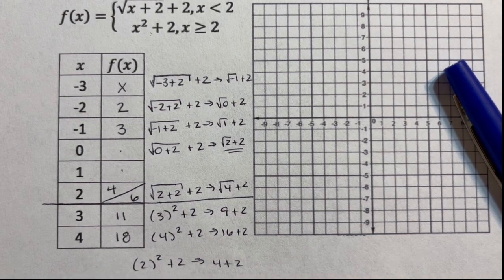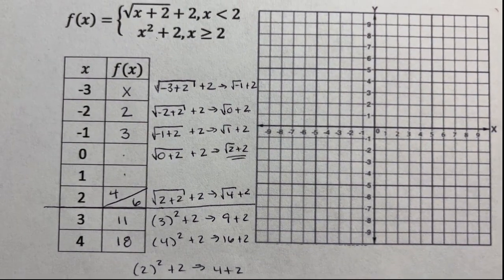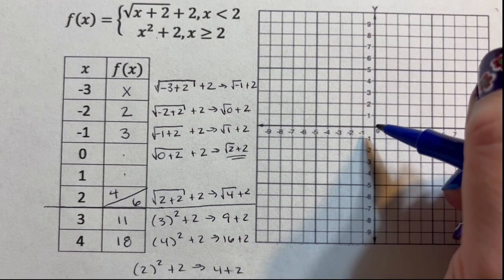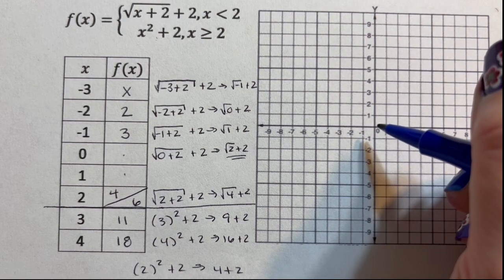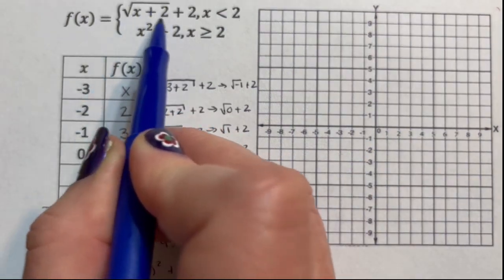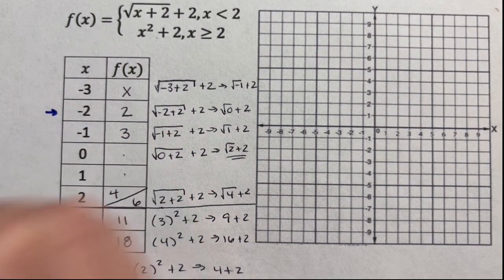All right, so now we have this table all filled out for all of the bits and pieces that we need to graph. So the -3 doesn't work. That's because the domain of this graph, the first place that it's valid, is here. This is where the domain starts.